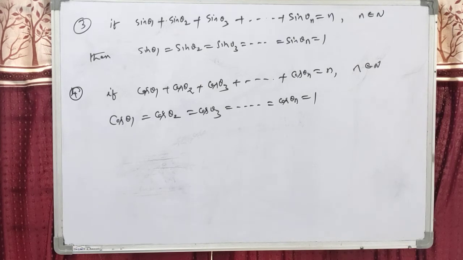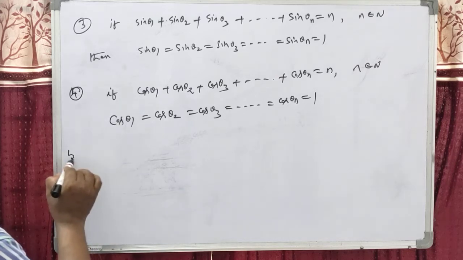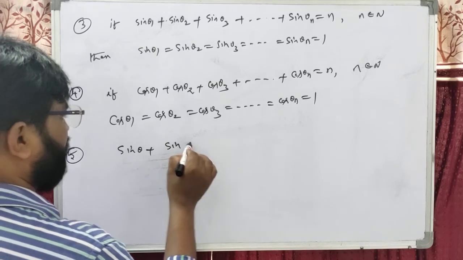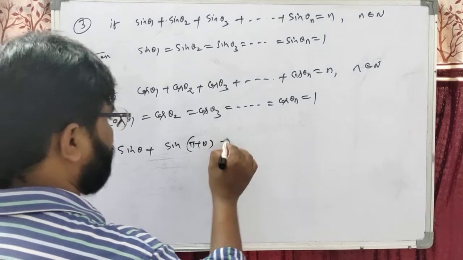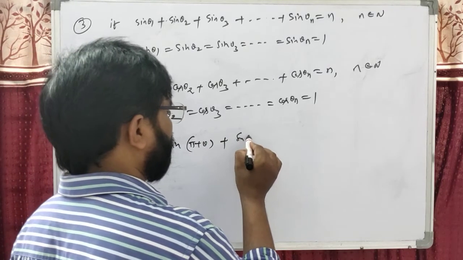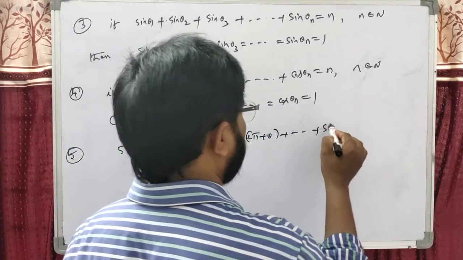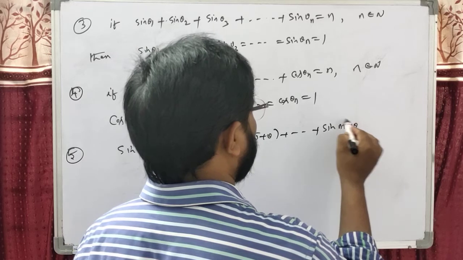Okay students, now the fifth identity: sine theta plus sine of pi plus theta plus sine of 2 pi plus theta and so on, up to sine of n pi plus theta.